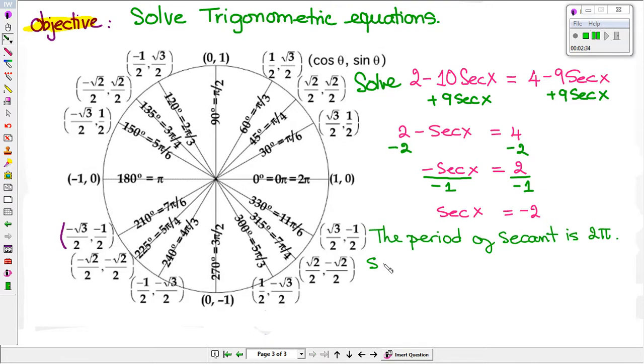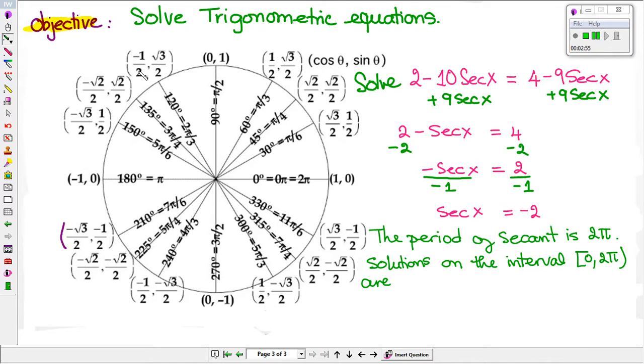So now we can say that we look for solutions on the interval from 0 to 2 pi. Let's go to the unit circle now, and we're looking for at what angles the secant of that angle will give me negative 2.